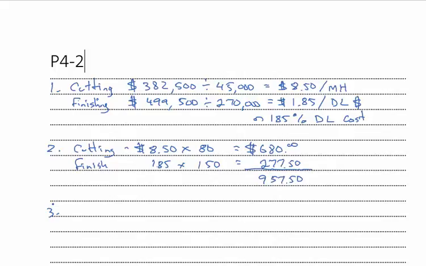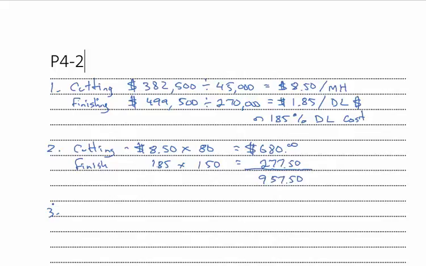So you get a job that's got a lot of cutting involved, and it's going to have a lot of machine hours, and obviously fewer direct labor hours. The overhead that results from this extra cutting will be allocated more accurately because we've got the different rates.